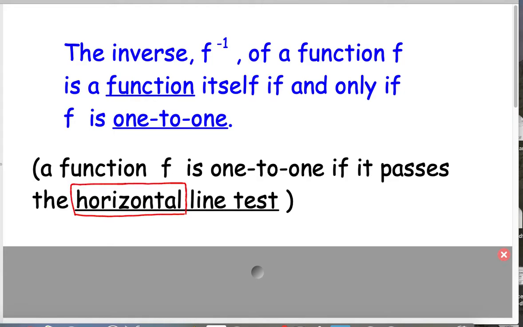So we know that to test for a function, it has to pass the vertical line test. So now we're considering, is the inverse of a function going to be a function itself? And so if the original function passes the horizontal line test, then when we reflect everything over y equals x, that vertical line test becomes a horizontal line test. I'll show you what I mean.